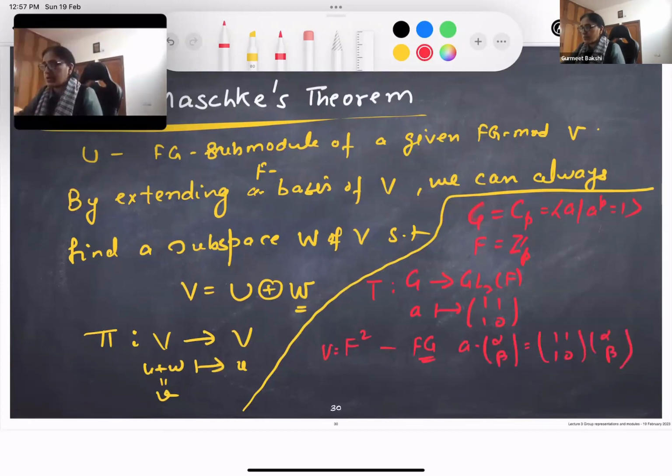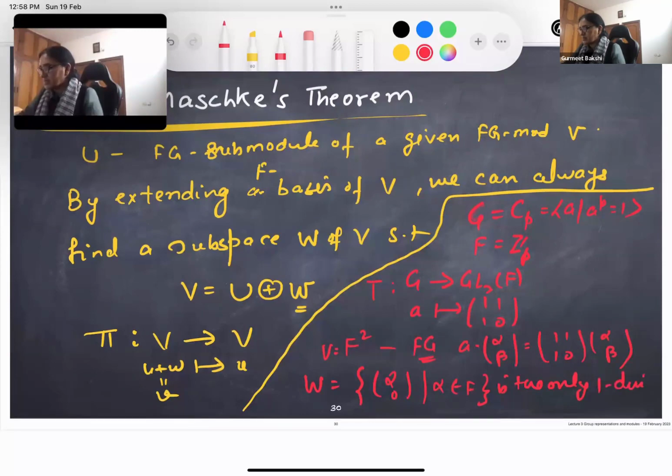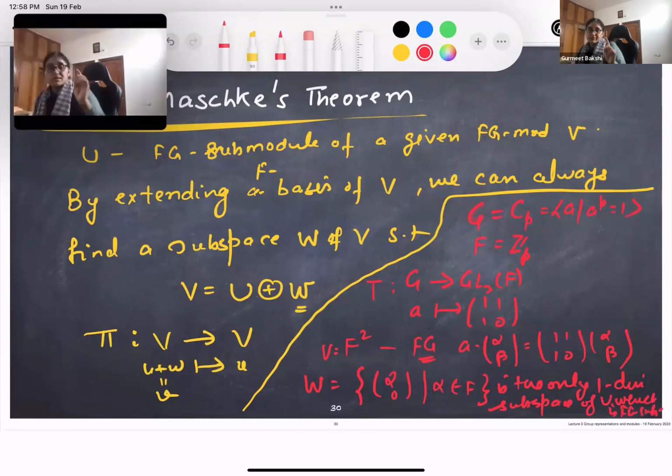And what you can prove is that this subspace, if I take this (0, beta) belonging to F, is the only one-dimensional subspace of V which is an FG submodule, and this does not have any complement.